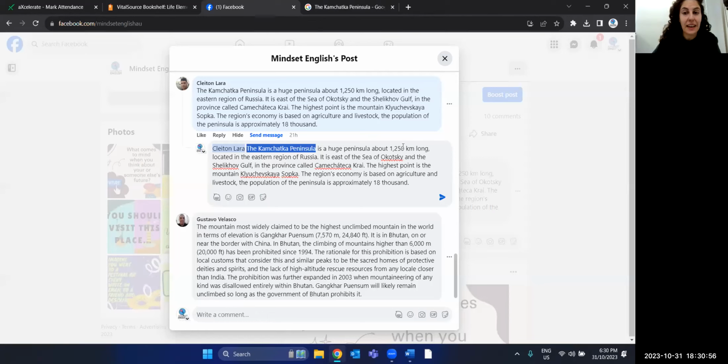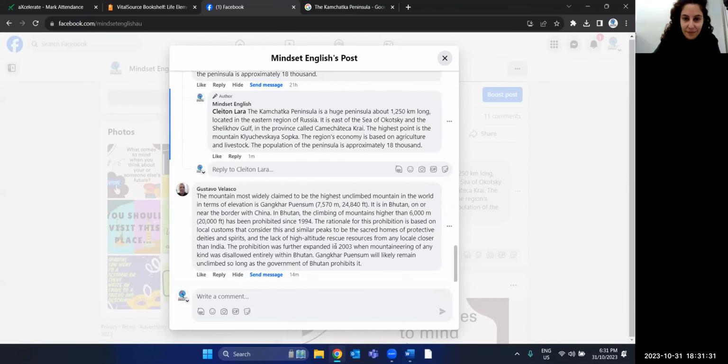It is a huge peninsula about 1,200 kilometers long, located in the eastern region of Russia. It is east of the sea and the Gulf, in the province called this name. The highest point is the mountain. The region's economy is based on agriculture and livestock. So there are some animals there. The population of the peninsula is approximately 8,000. Okay.